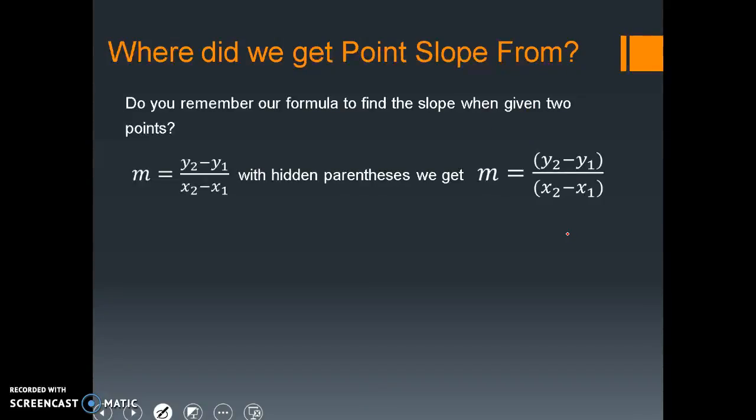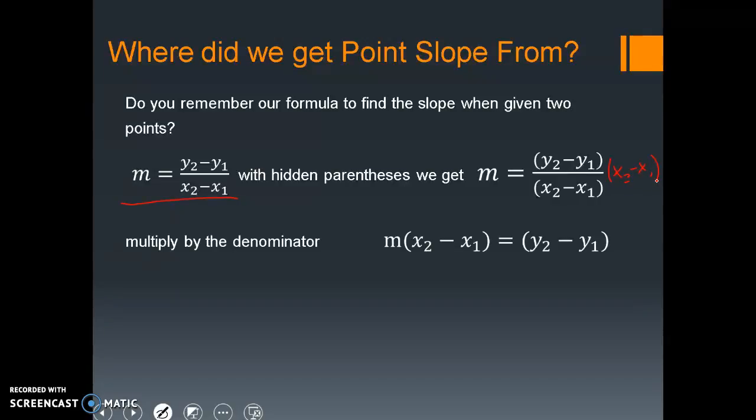You remember this formula for slope, y2 minus y1 over x2 minus x1? If I put parentheses around the top and the bottom, it'll look like that. But let's suppose I want to get rid of this fraction. I would multiply it by the common denominator, which is x2 minus x sub 1. And if I multiply both sides by that, this is what I will get.